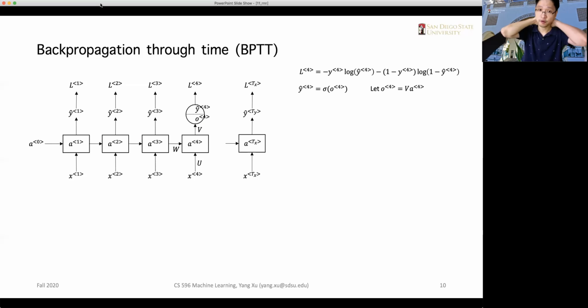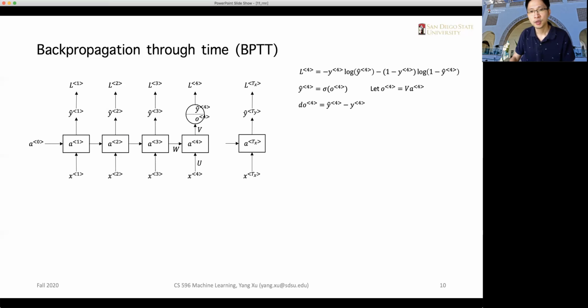And by applying the formula of the forward propagation, we use sigma. Here the sigma is a sigmoid function, okay? And the output O4 is basically the linear combination for the output units, which is V times A4, okay? So this time we use the shorter notation, not Wy, but V, but it's basically the same thing.